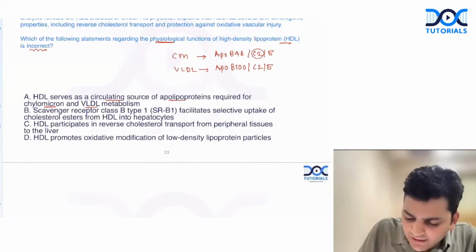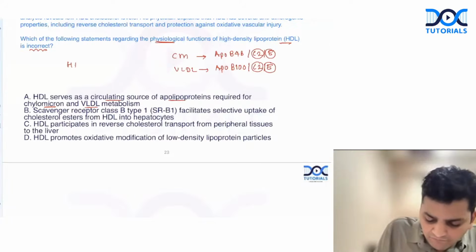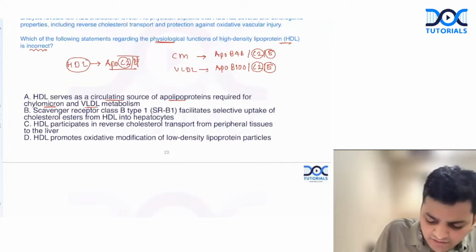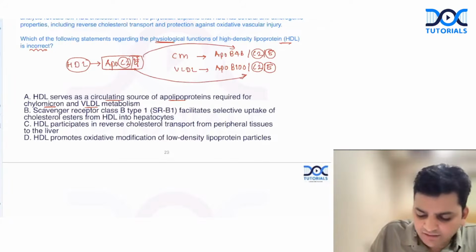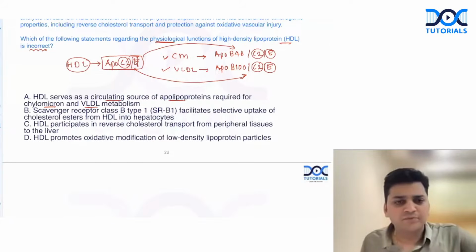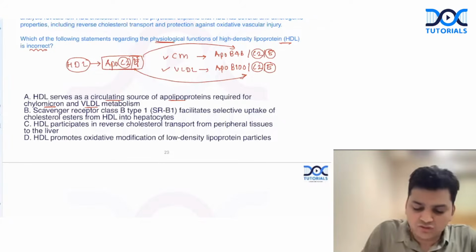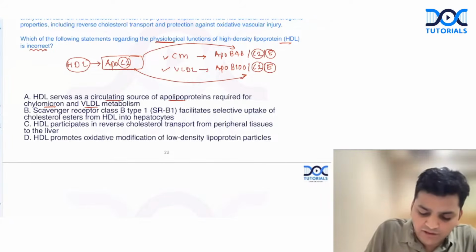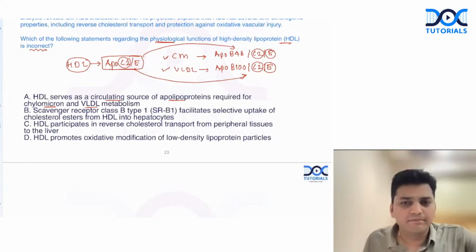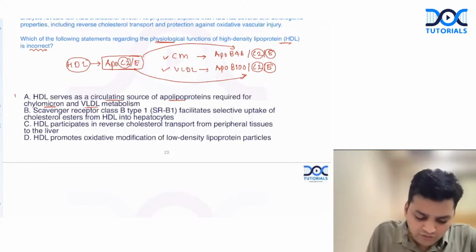This C2 and E actually comes from HDL. HDL has a capacity to generate ApoC2 and E, and once they are generated, they are donated here as well as here so that these two molecules can work. So HDL is serving as a source of apoprotein, and which apoprotein it is producing? ApoC2 and E. This is a true statement.